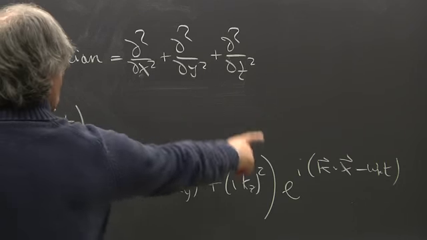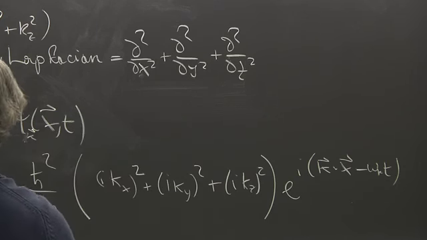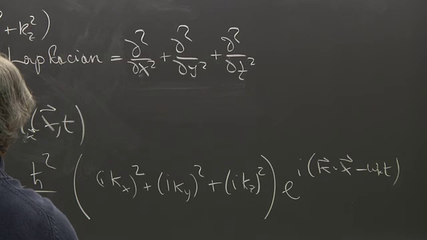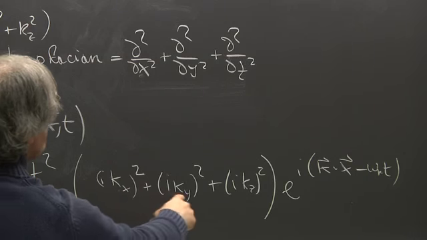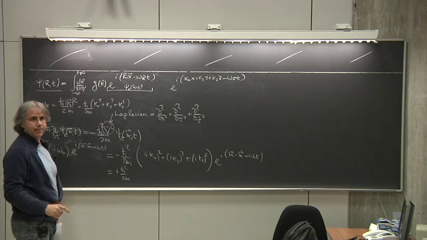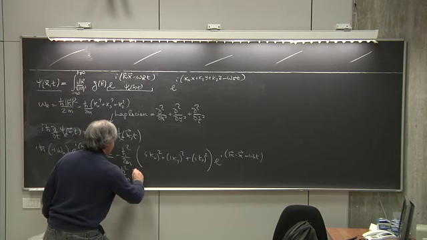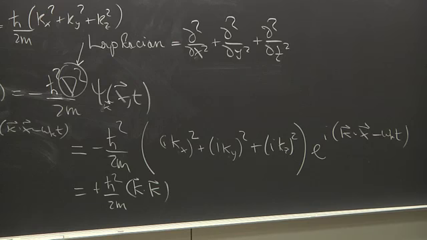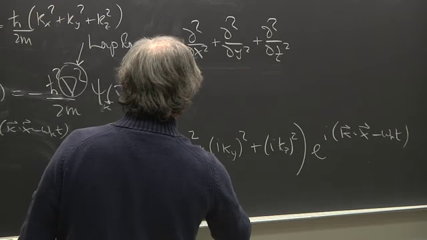And overall, this object here is just plus h bar squared over 2m, the squared components of k, so k dot k, k squared in other words, the scalar product of k with itself, times the same object.